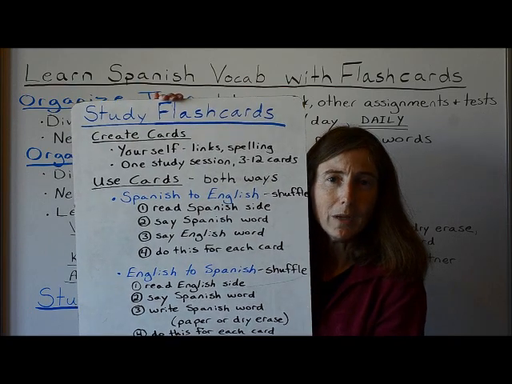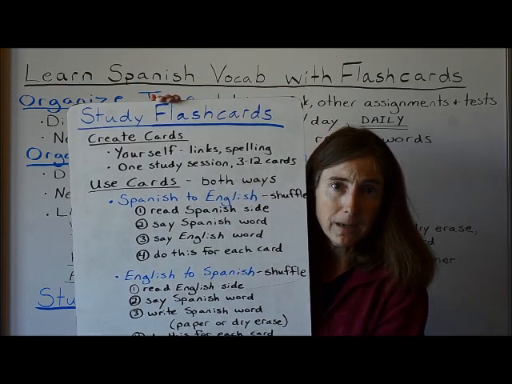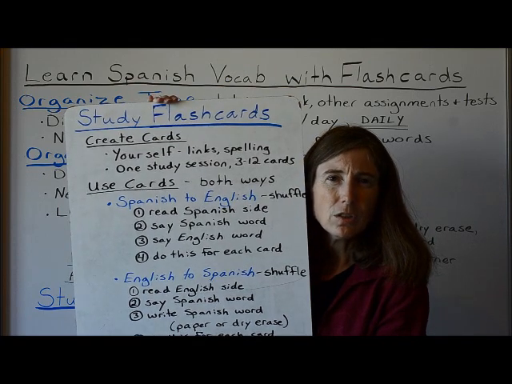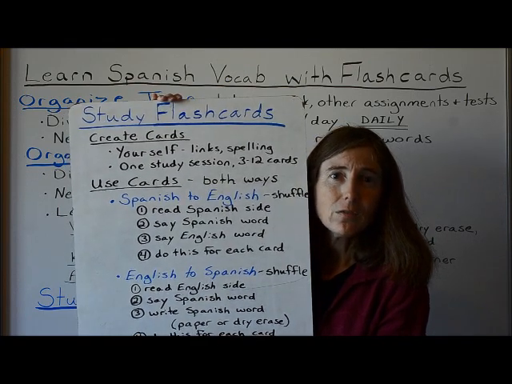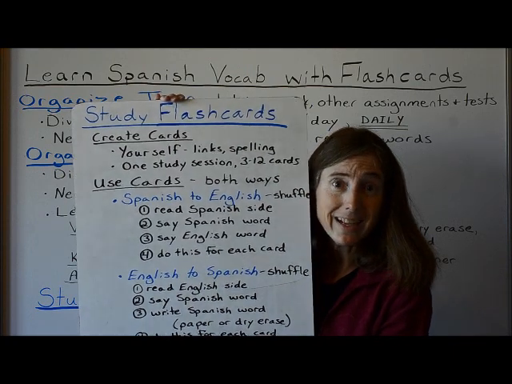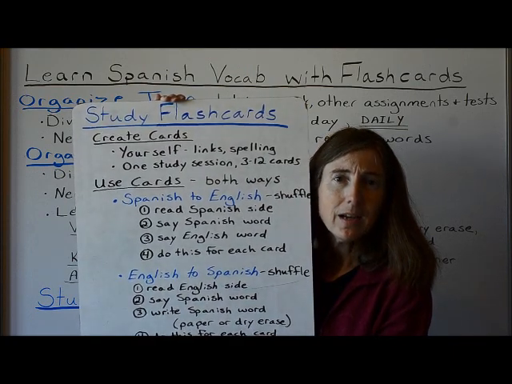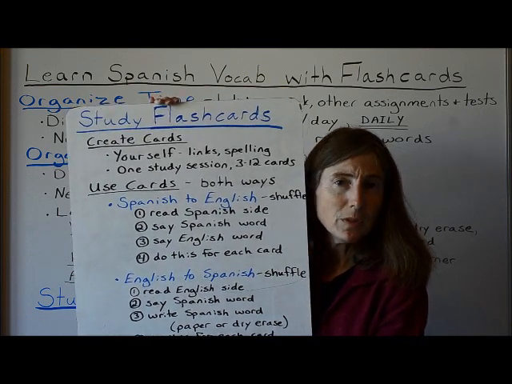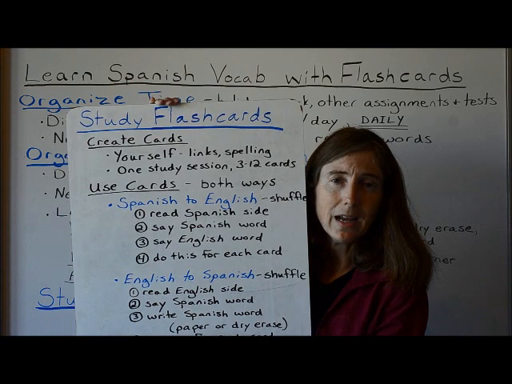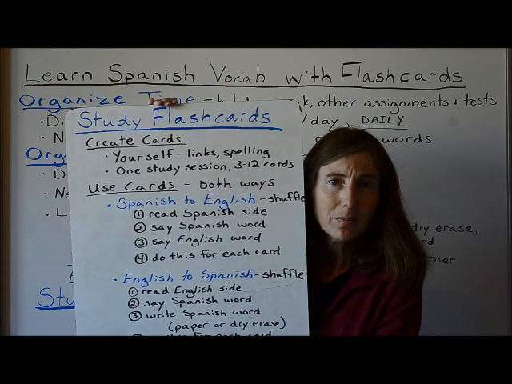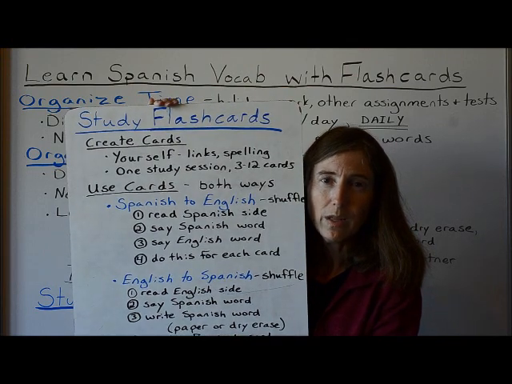So what you'll do is make the 5 cards that you're going to learn in this study session, and then you're going to shuffle them and read the Spanish word on one side and say it when you're reading it, and then say the English word. And if you miss one, then put it back in the stack and practice it again. You want to get it right 3 times before you count it that you actually know that word.